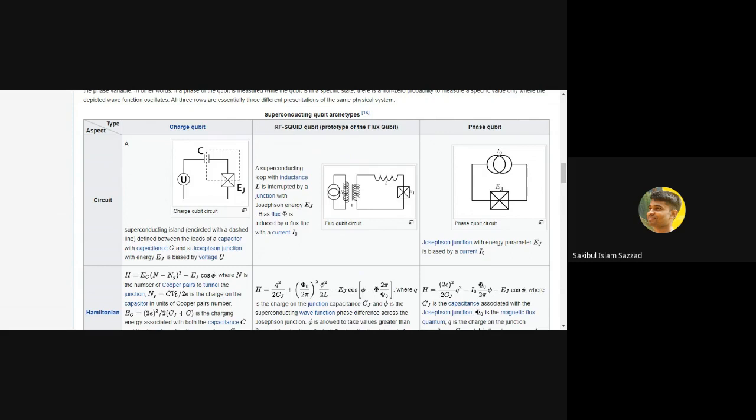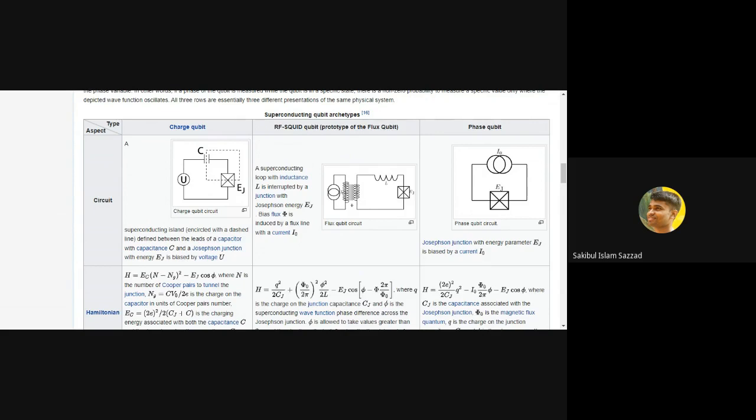Quantum tunneling means that if there is an energy barrier for an electron, then in the classical level it should not go through this barrier, but in quantum it can go through. This is the tunneling effect.